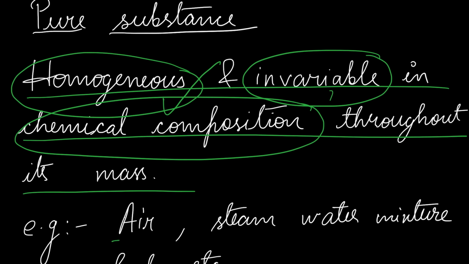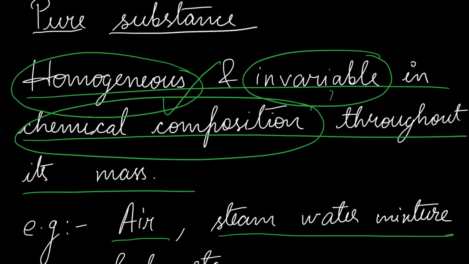So these are all pure substances: air, steam, water mixture, fuel. Now it comes to my mind, how is air a pure substance? There are so many gases in air. How can we call it a pure substance? So remember, a pure substance doesn't mean that it cannot contain a lot of different gases or different elements. It needs to be homogeneous.